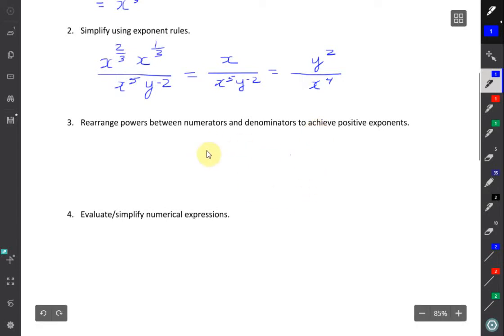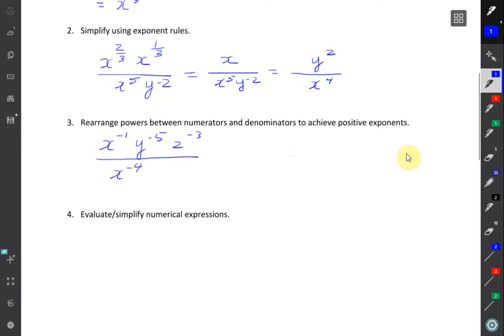And this is similar to what we did in the minds on, rearranging powers between numerators and denominators to achieve positive exponents. So I can make up an example where I have some negative exponents here. And I'll do the same in the bottom. They wouldn't have to all be negative to illustrate the point, but I might as well do that.